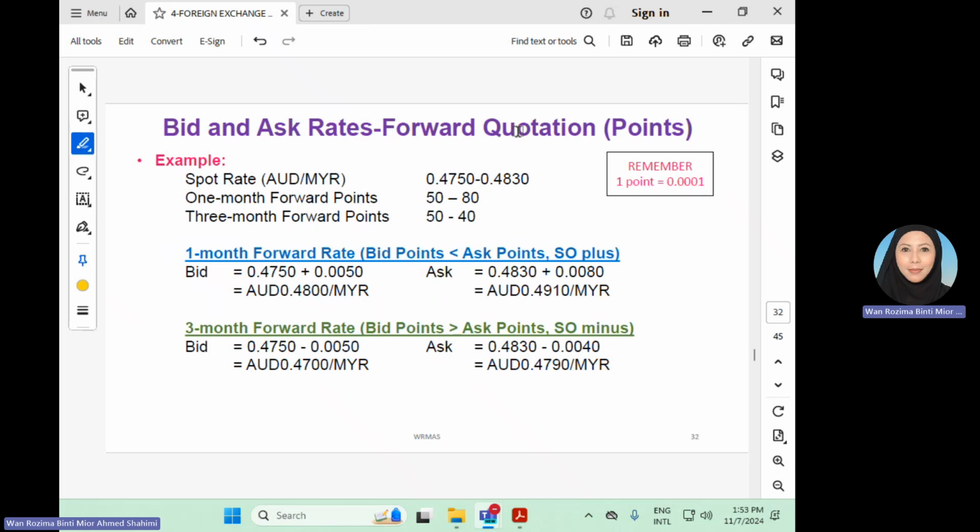Let's assume we have two different forward periods, 1 month and 3 months. Highlight this, 50 and 80. For 1 month, bid points are 50 points and ask points are 80 points. Remember, 1 point is equal to 0.0001.